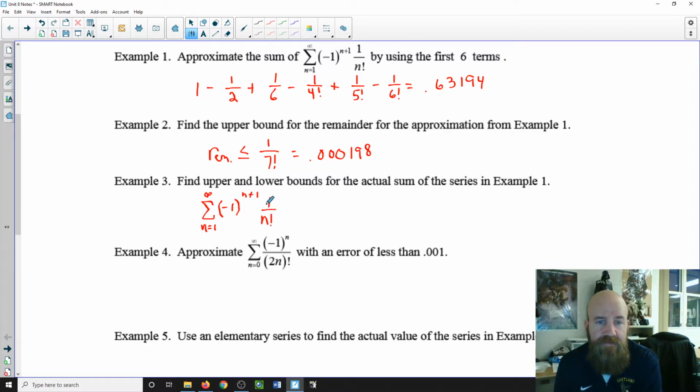So we can say this. So this will be between our 0.63194 from example 1. Okay. And less than our 0.63194 plus our error.